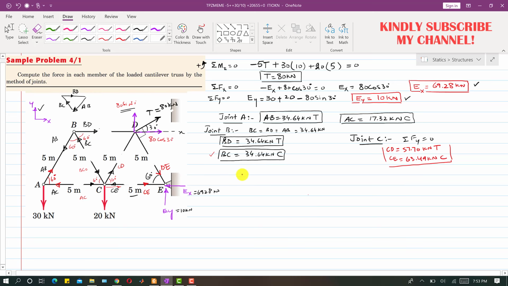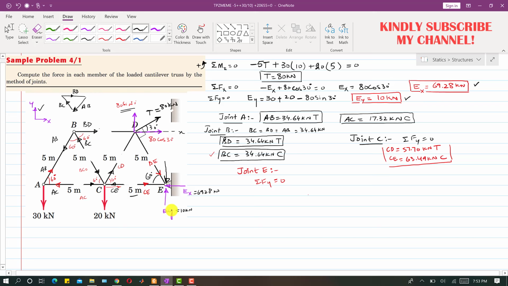So now again I apply the summation of forces along x and y at joint E. Let me write that at joint E, the summation of forces along y equals 0. We will have the component of this DE in the y direction. So this DE will have one component in this direction, which will be in the negative y direction.